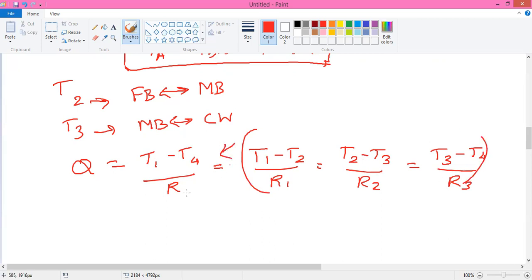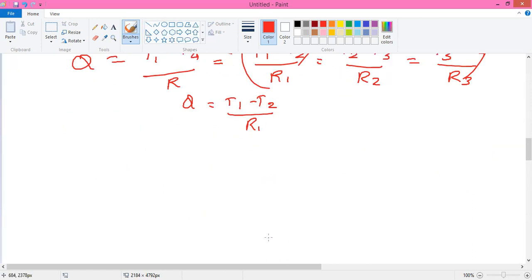From this we get Q is equal to T1 minus T2 divided by R1. We know the thermal resistance R is equal to L by KA, so R1 is equal to L1 by K1A.